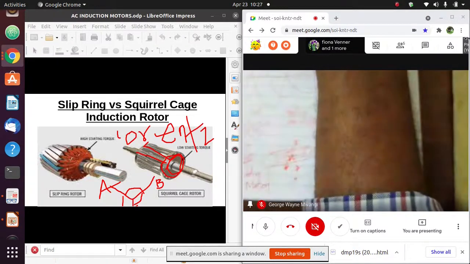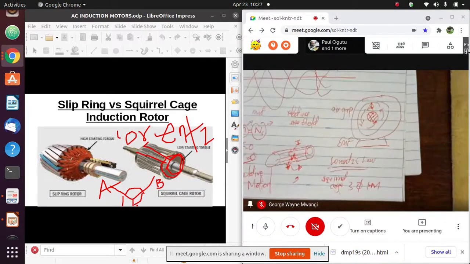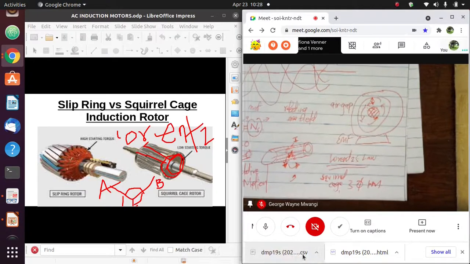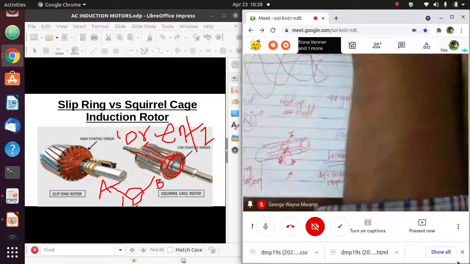Yeah. Now for today I'll stop there, so that on Monday we will see how the rotating field is produced, and we'll do some calculations on the three-phase supply. I've given an assignment in Google Classroom.